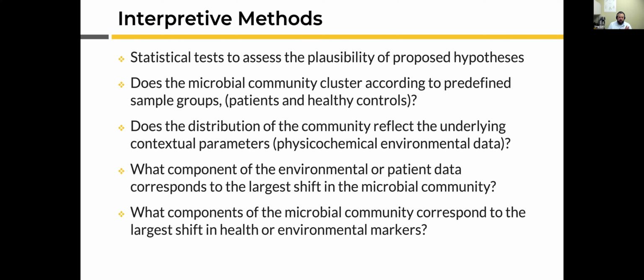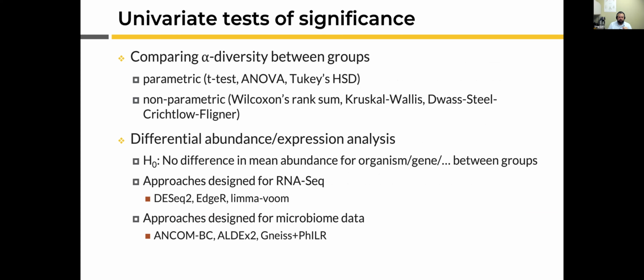Some of the other things we can look at, and this isn't strictly limited to beta diversity, are more statistically defined questions around community ecology. Some of the tests we can do are univariate tests of significance.